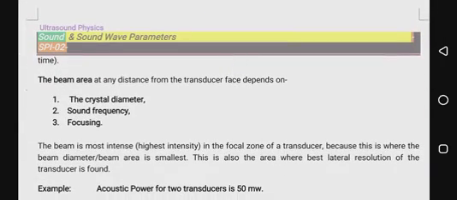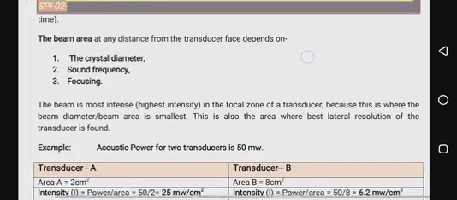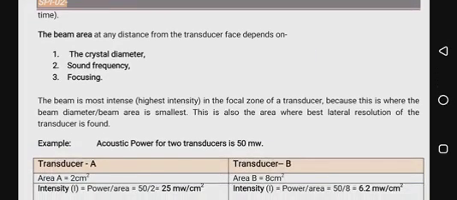The beam area at any distance from the transducer face will depend on the crystal diameter, sound frequency, and focusing. The beam is most intense, that is highest intensity, in the focal point of the transducer, because this is where the beam diameter, or beam area, is smallest.